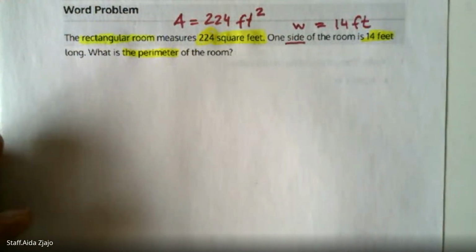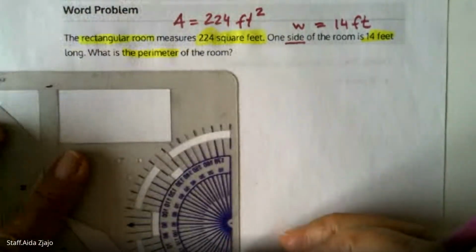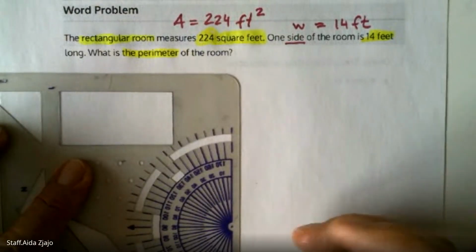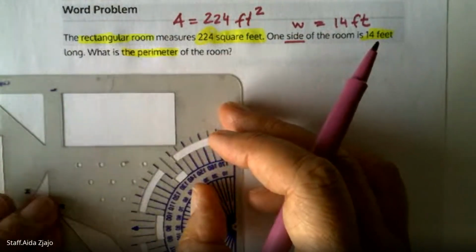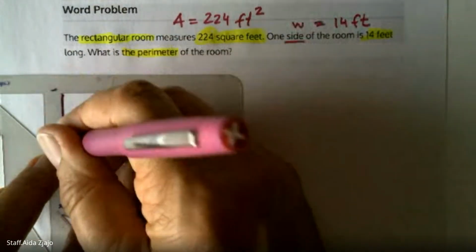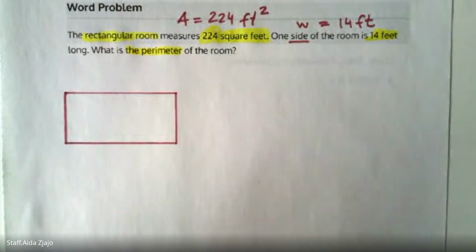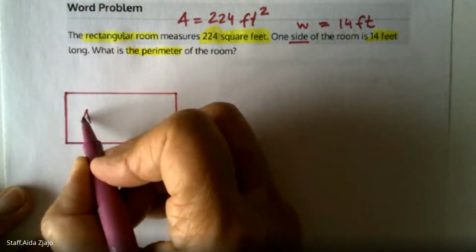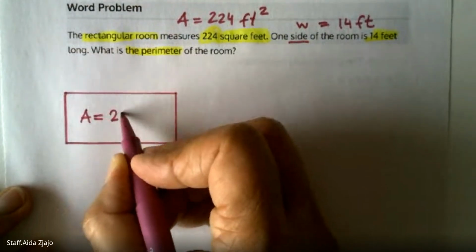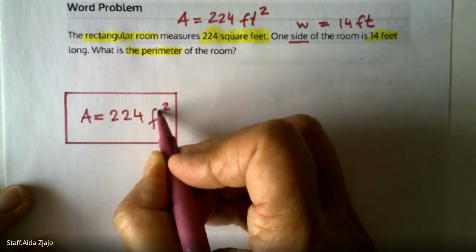All right, so if I take my tool and make that rectangular model, that would be that room. So the area we already know, 224 square feet.